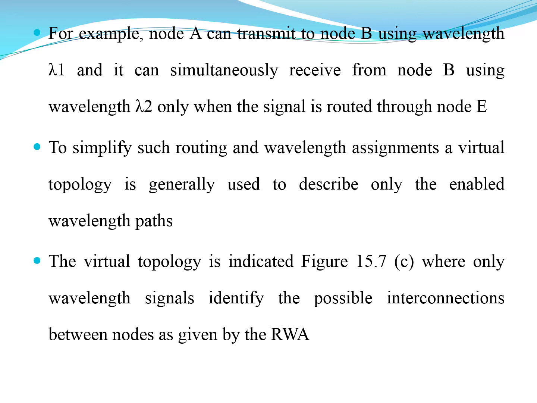So to simplify such routing and wavelength assignment, a virtual topology is used here, which can use only the wavelength paths which are enabled. So the virtual topology is indicated here, where only wavelength signals identify the possible interconnections between the nodes, which is given as per the RWA.